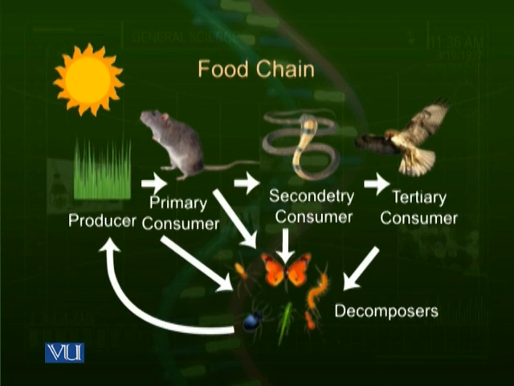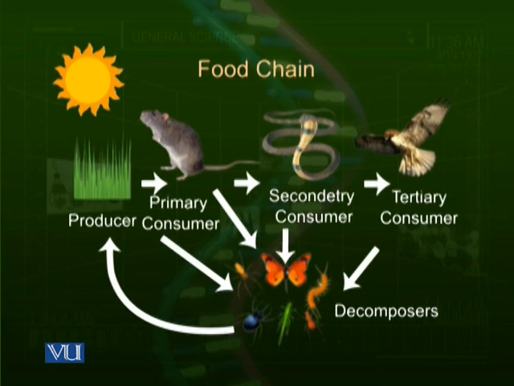Then there are hawks present in these ecosystems, or there are eagles present in these ecosystems, which eat upon the snakes. So we call them tertiary consumers, because these hawks or the eagles are getting their energy by acquiring a snake from the environment, and snake itself is a secondary consumer.